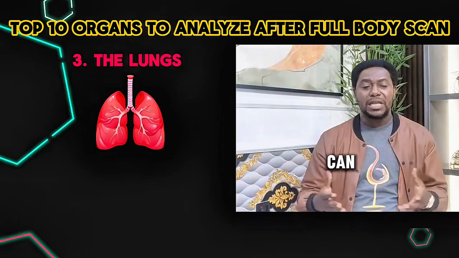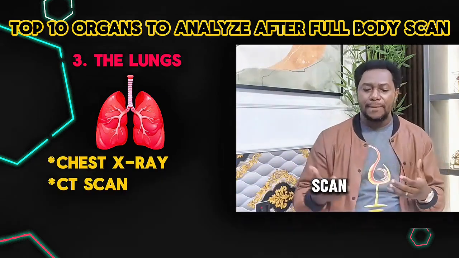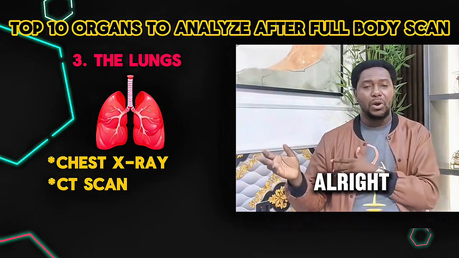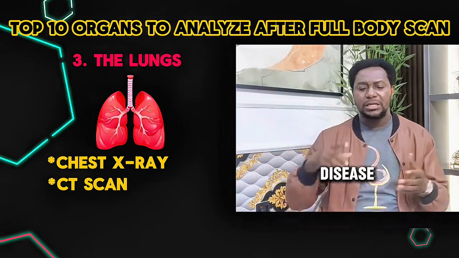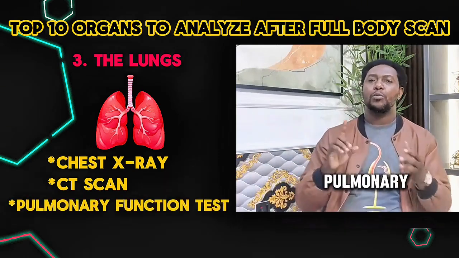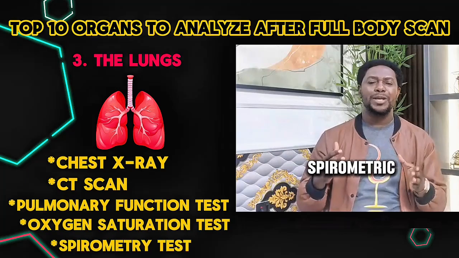So what kind of tests can we run? We can run chest x-ray, we can run CT scan, especially for people who smoke. It's important to run chest x-ray when it comes to lung disease, CT scan, pulmonary function test, oxygen saturation test, or spirometric test.